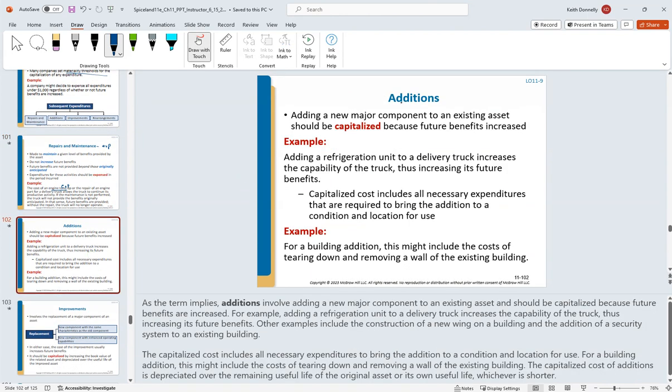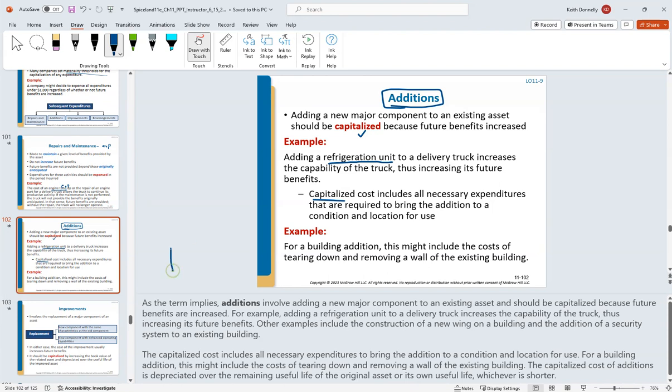But if it's bigger, like an addition, you'd probably have to capitalize it because future benefits are increased. So we're not doing an engine check like a tune-up. Instead, we're adding a whole refrigeration unit to that delivery truck. That's going to create future benefits. Accordingly, you're not going to expense that. Instead, you're going to capitalize the refrigeration unit and then subsequently depreciate it.